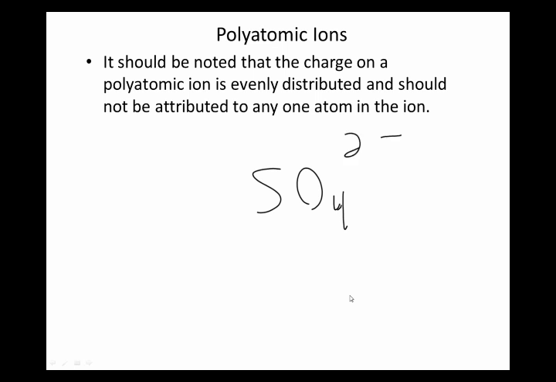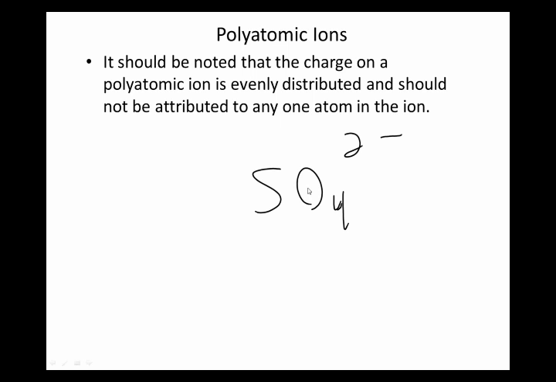There's also a common misconception that it's actually going to be like -8 or something because there's 4 oxygens. This number doesn't really interact with this number up here. This is just telling me how many atoms are here. So it's a group of 1 sulfur and 4 oxygens, and all together, it has 2 extra electrons.